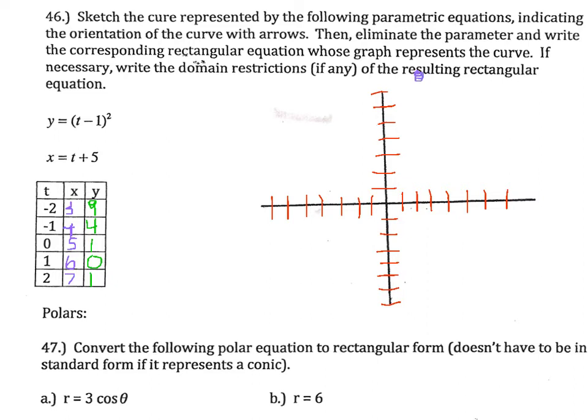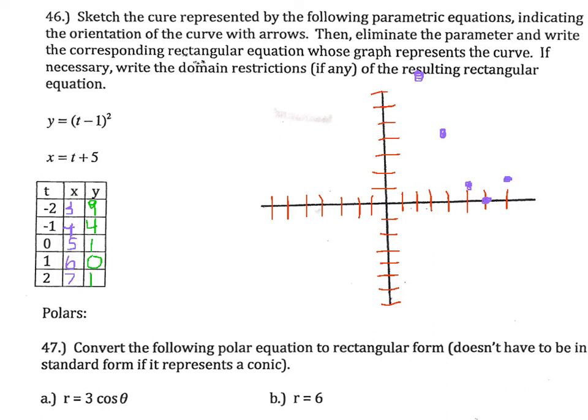We have a point at 4, 4. 5, 1. 6, 0. And then 7, 1.